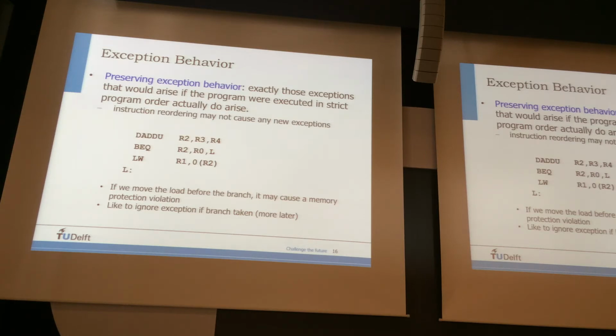However, I have a problem, because moving that up might create a kind of exception in the memory. It's not always the case, but if it creates an exception in the memory, I may have a problem with a wrong address, something like that. Then my program will behave in a different way.